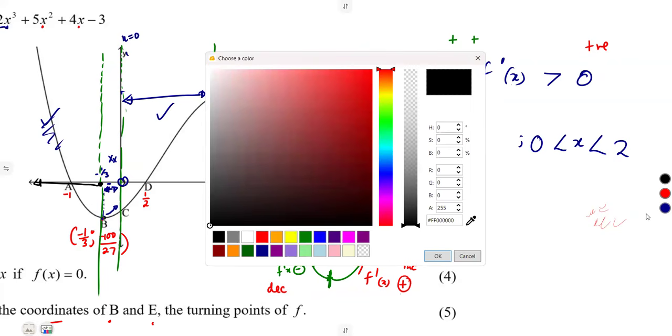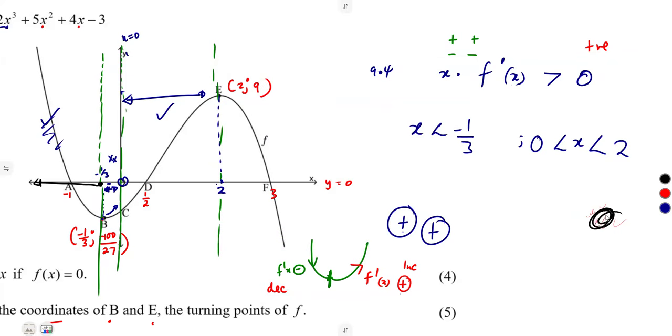We can see that our x values are still positive. And our function is decreasing because at 2, that's our turning point. So our function now is decreasing, which means negative. Positive times negative gives us a negative. We do not want that region.